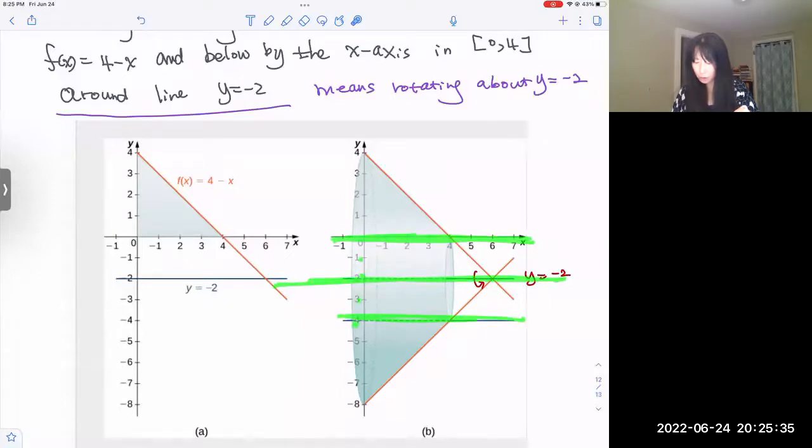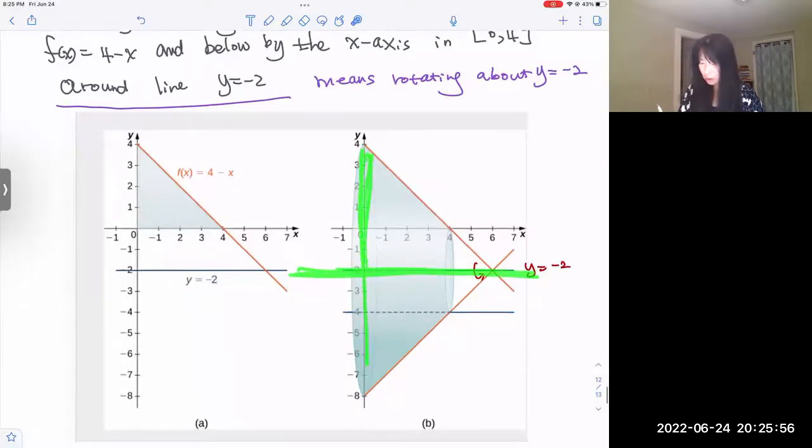So from here 2 units reflect. Can you see? Okay. All right. Now, about this line, we rotate it, right? Then this will be the bigger one, isn't it? This one will be outer. Can you say that? And this will be inner. Yeah.